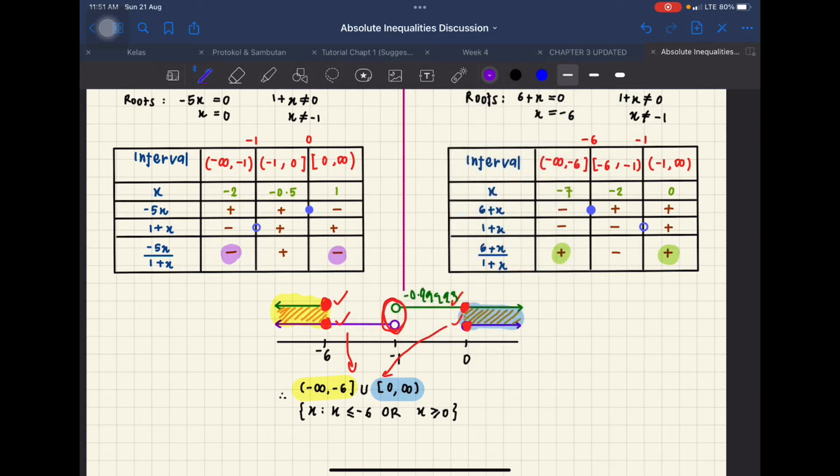Okay, untuk yang warna purple tu dia hanya sampai negatif 1.0000000. Contoh, dia tak sampai pun negatif 1. Okay, so that's why dekat sini dia tidak intersect. Sebab yang hijau ni tak sampai pun negatif 1 daripada kanan.